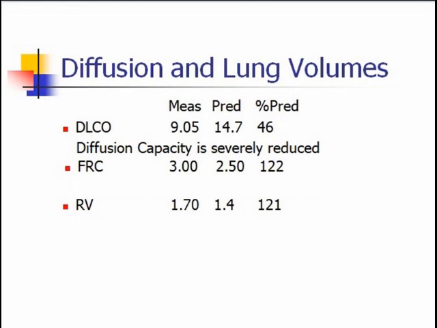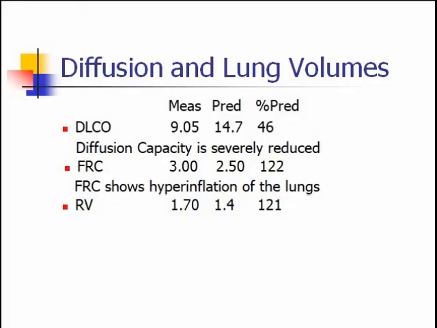Now, let's go on to look at the FRC and RV. We'll do these together. This is something you have to think back to what I said earlier about these two measurements, and then we'll tell you what they are telling us.